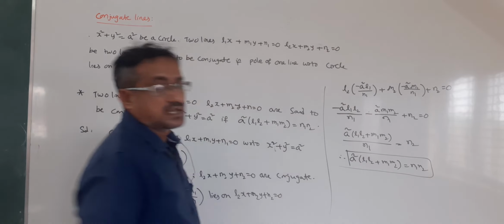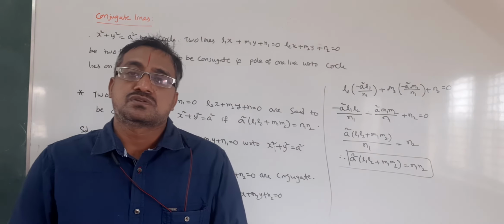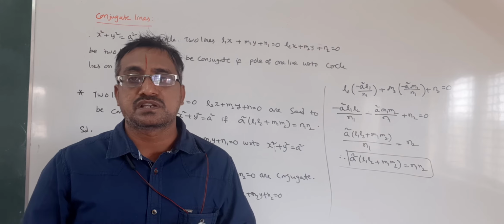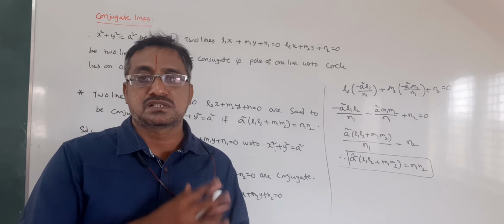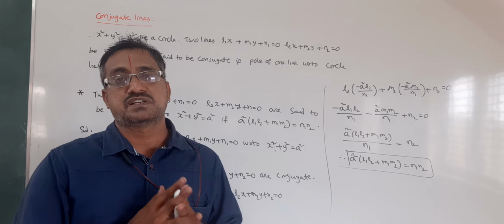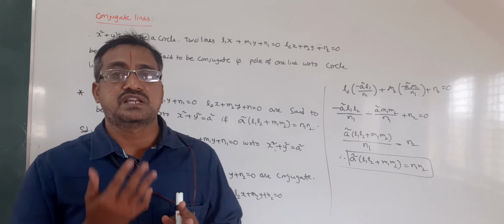This is the required condition so that the two lines are conjugate lines with respect to the circle x² + y² = a².